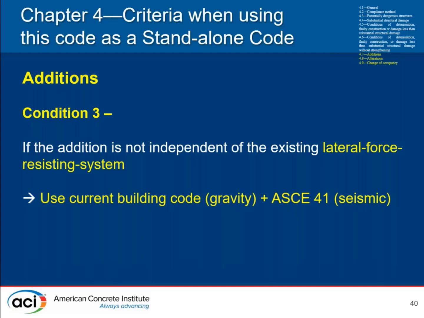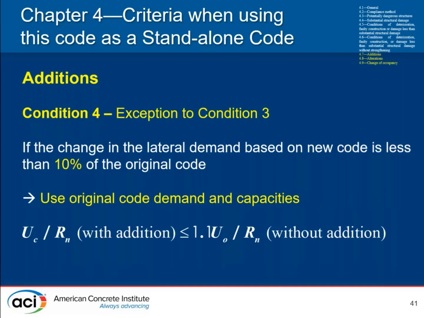If the addition is not independent of the existing lateral force resisting system, you're actually using potentially a combination of the current building code for the gravity load paths and ASCE 41 for the seismic load paths.